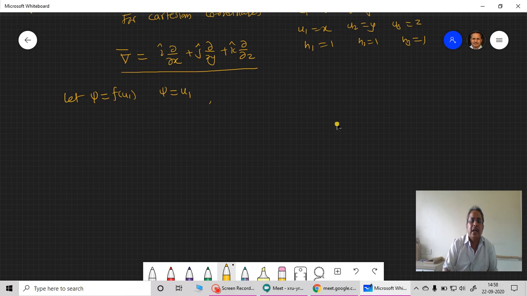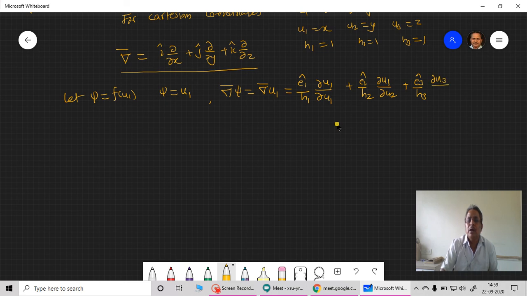If so, then I can write grad psi is equal to grad of u1 is equal to, write this equation, E1 cap upon H1 into del U1 upon del U1 plus E2 cap upon H2 into del U1 upon del U2 plus E3 cap upon H3 into del U1 upon del U3, and we know that u1, u2, u3 are completely independent.